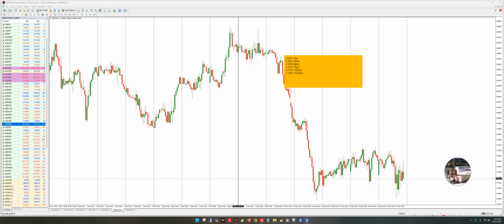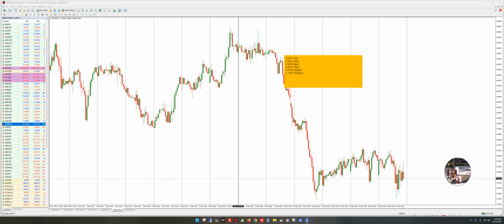If I want to determine my pip value from here manually, I just have to subtract. Let's say 0.8 from 0.89.